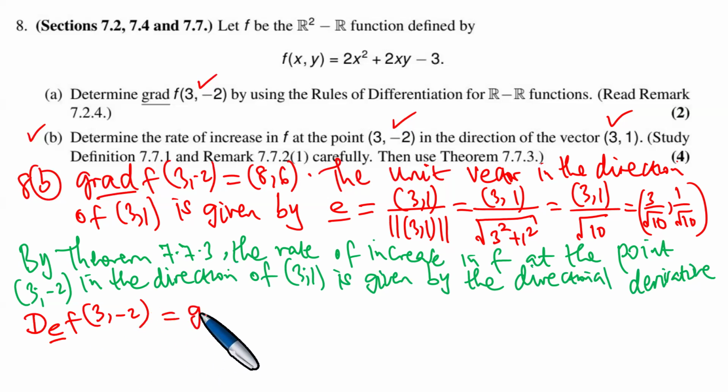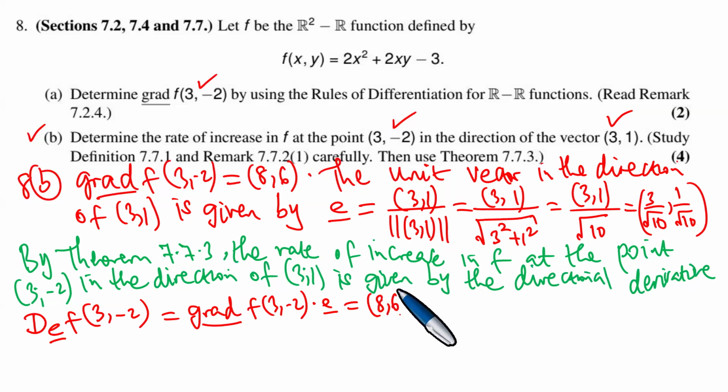This is equal to the gradient of the function f at 3 and minus 2 dot product the unit vector. We already know the gradient at this point is 8 and 6, and the unit vector is exactly this one here.